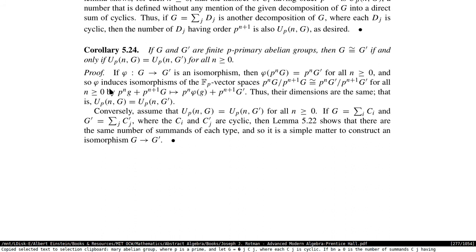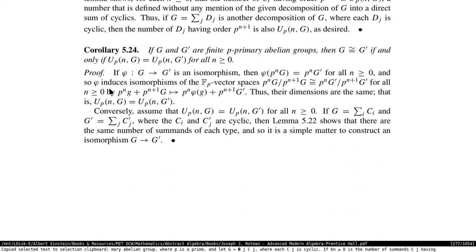Which means that your p^n g plus p^(n+1) G, right? So that's the whole thing is a coset. Your p^(n+1) G is the normal subgroup you're taking mod of, right?